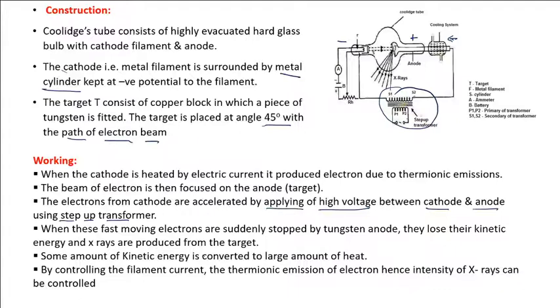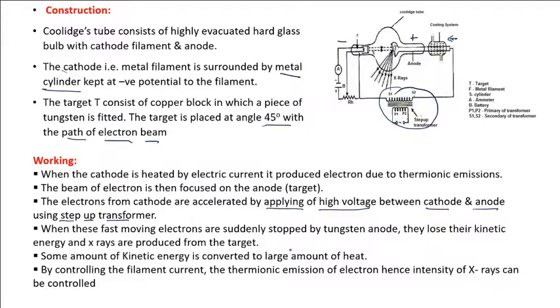Here, by controlling the filament current, the thermionic emission can be controlled. That means if the current flowing through the filament is increased, then the filament gets further heated and it emits more electrons, and since more electrons get emitted, the intensity of X-rays can be increased.